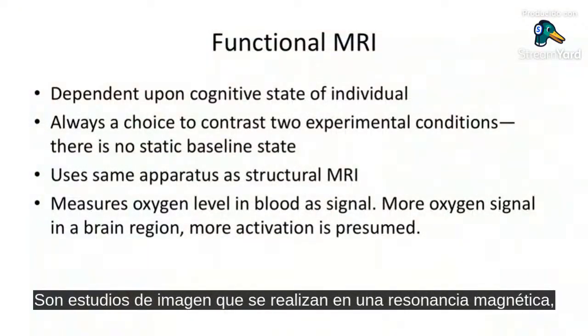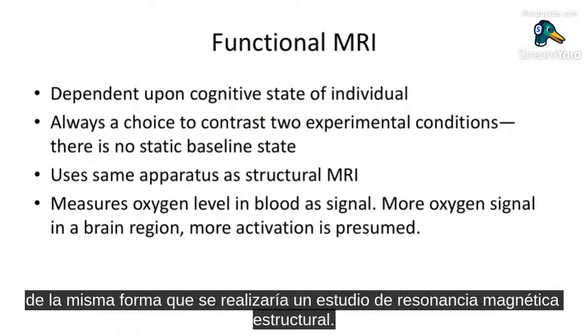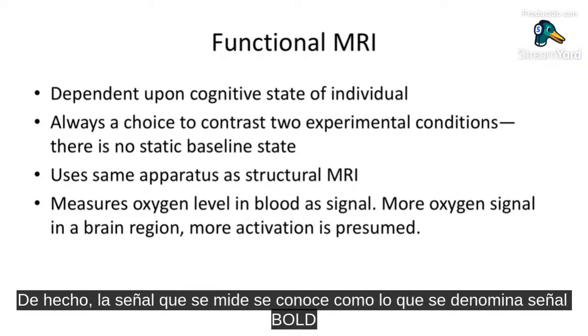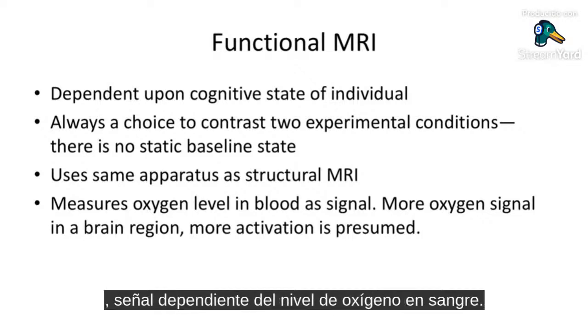These are imaging studies that are conducted in an MRI, just the way a structural MRI study would be conducted. But in these studies, there is measurement of oxygen levels. In fact, the signal that is measured is known as the BOLD signal, blood oxygen level dependent signal.